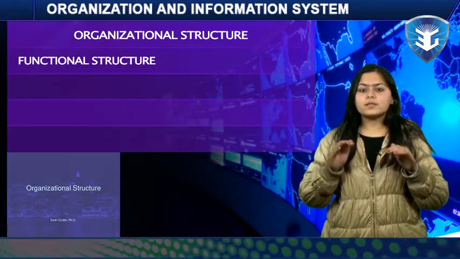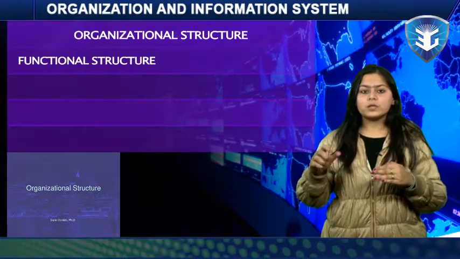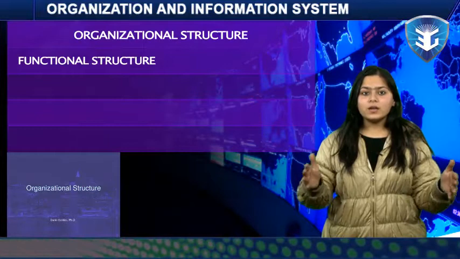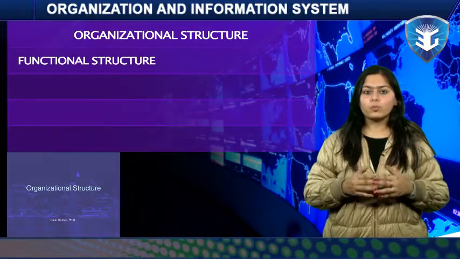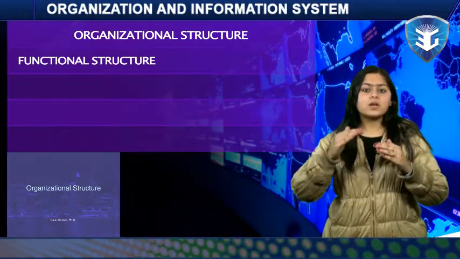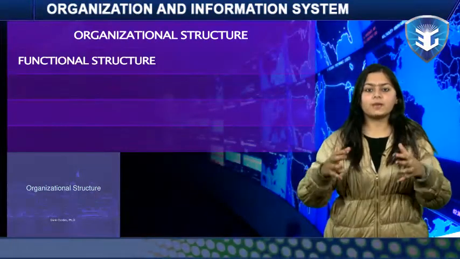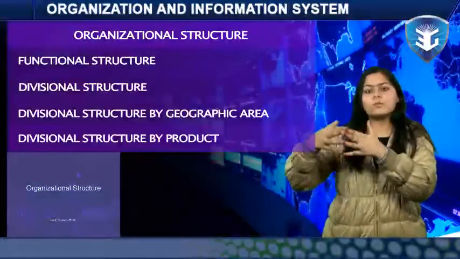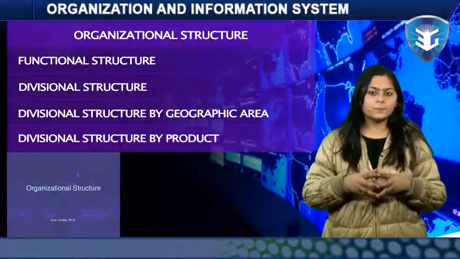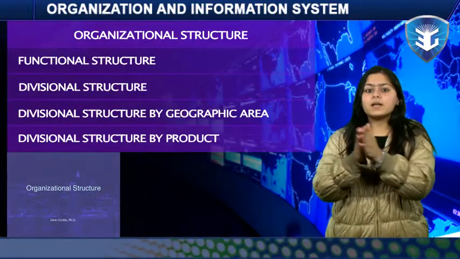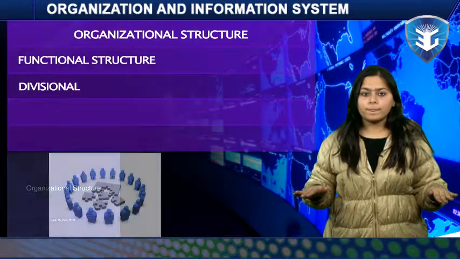A functional structure is well suited to organizations which have a single or dominant core product because each subunit becomes extremely adept at performing its particular portion of the process. They are economically efficient but lack flexibility.